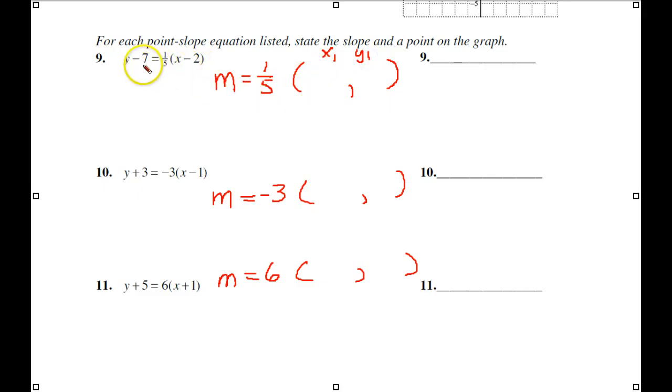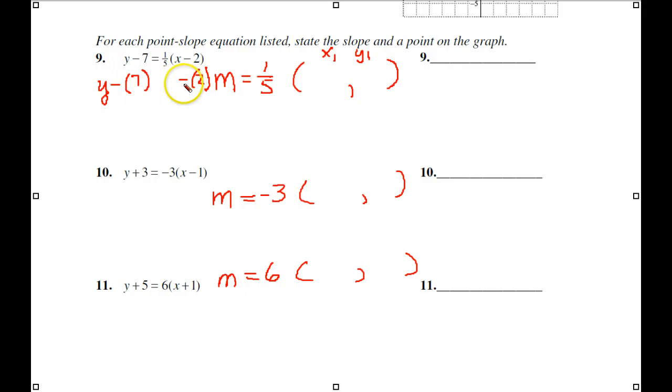Well, if you notice, in order to get a -7 here, we had to have y minus a +7. And in order to get a -2 here, we had to have x minus a 2.